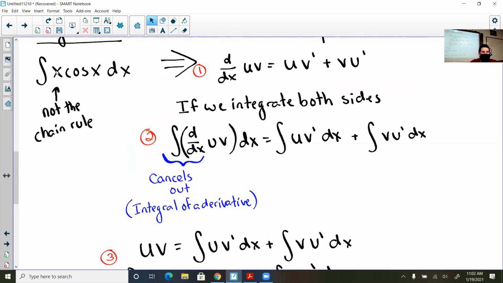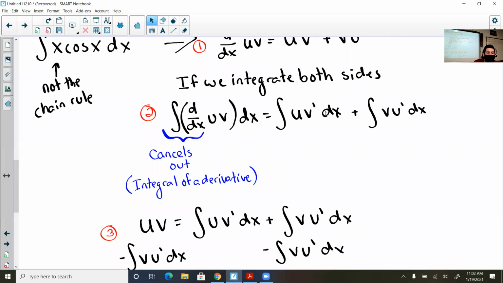So this x could be my original u function, and that means cosine is the derivative of my original v function. Or maybe cosine is my original function and x is the derivative of my original v function.